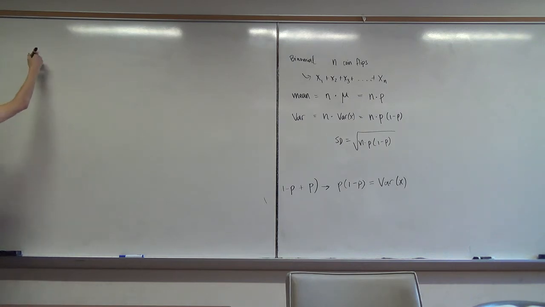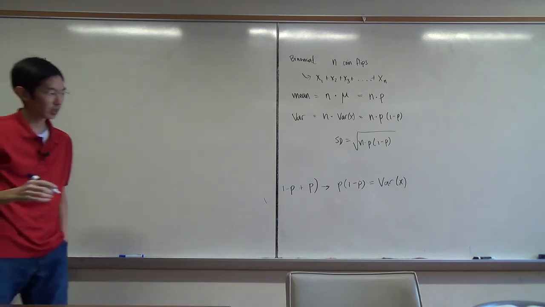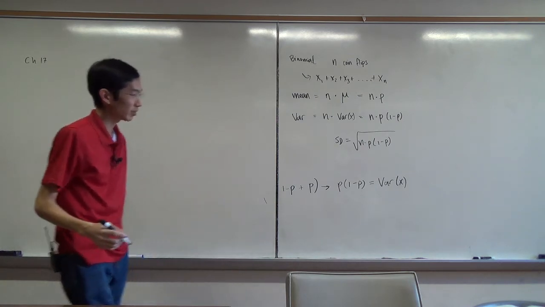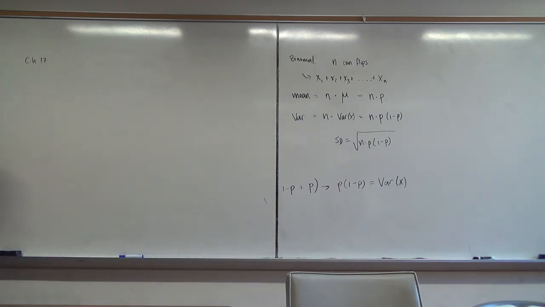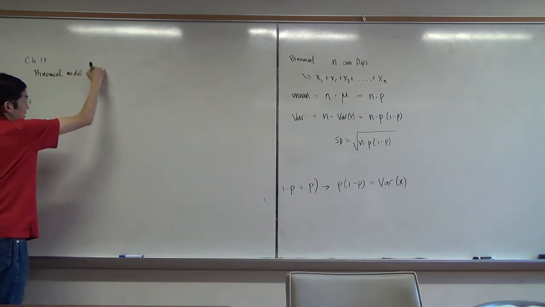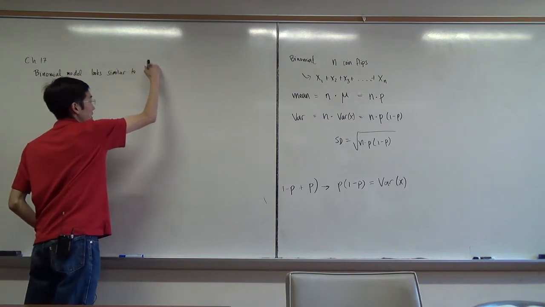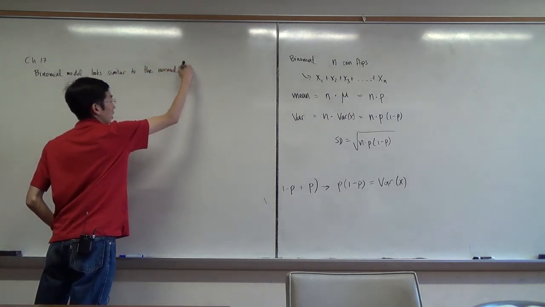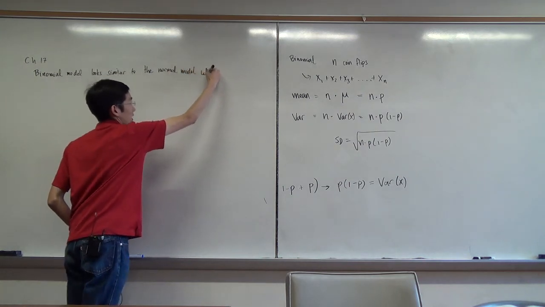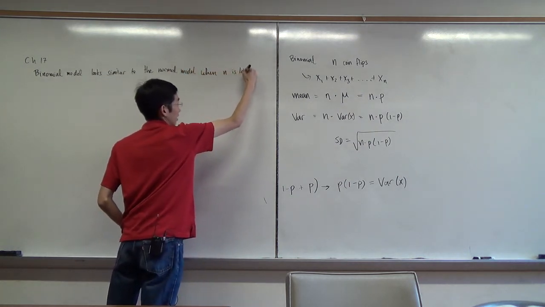Okay, so this is just continuing from chapter 17. When we're doing a whole bunch of coin flips, or a whole bunch of whatever it is, the binomial model ends up looking a lot like the normal model. The binomial model looks similar to the normal model when n is large.